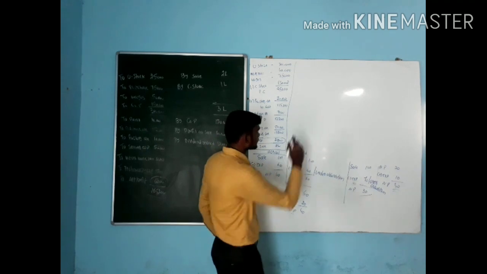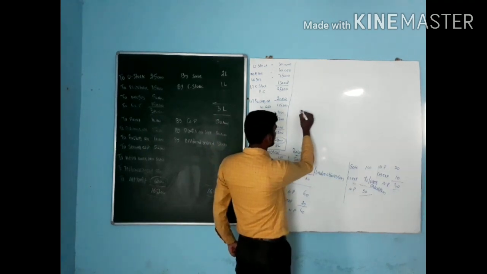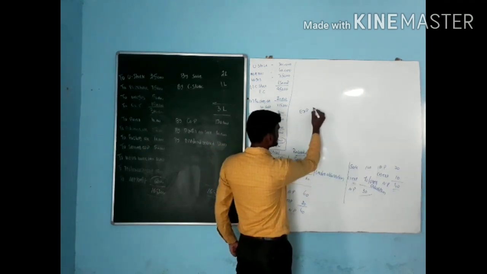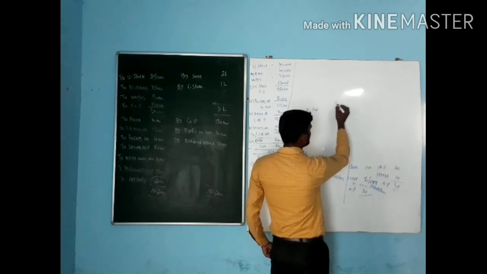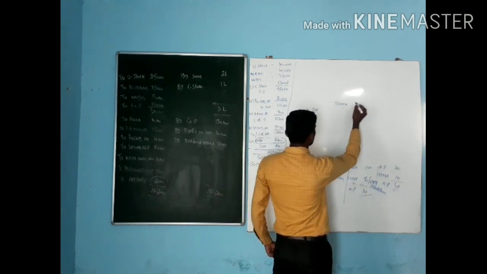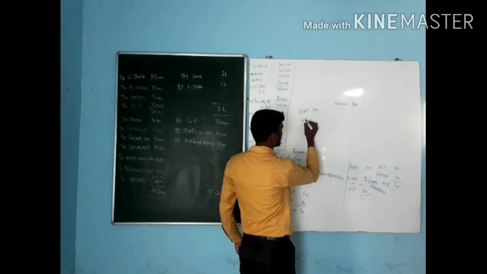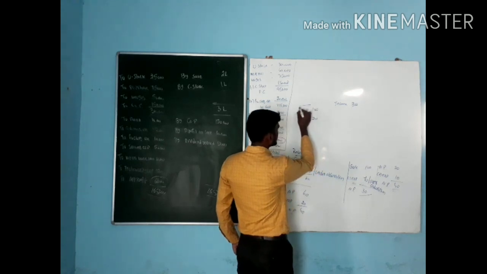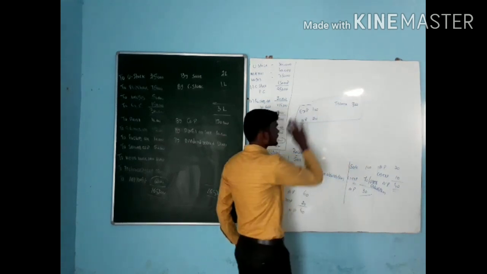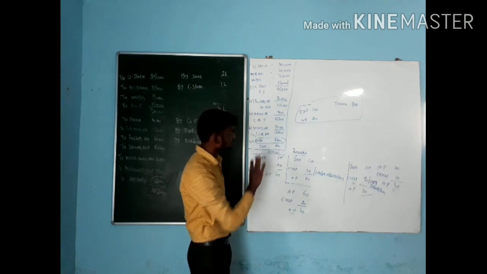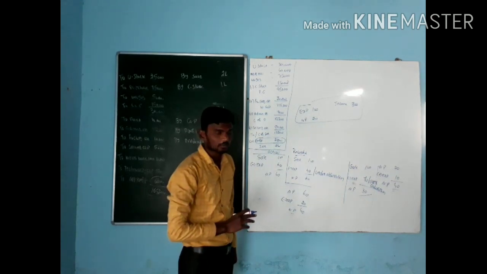When it comes to income, for example, my expense is 100 rupees. What is my income? For example, 300. So what is my profit here? My profit is 200. Take it as actual. Actual income is 300, expense is 100, my net profit is 200 rupees.